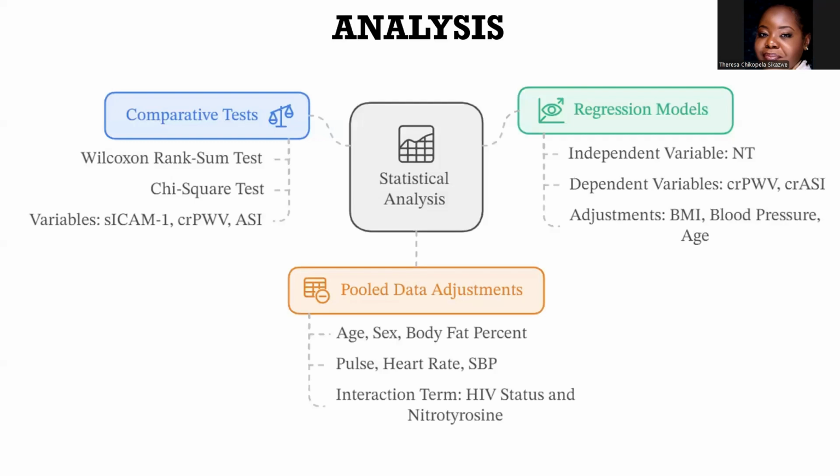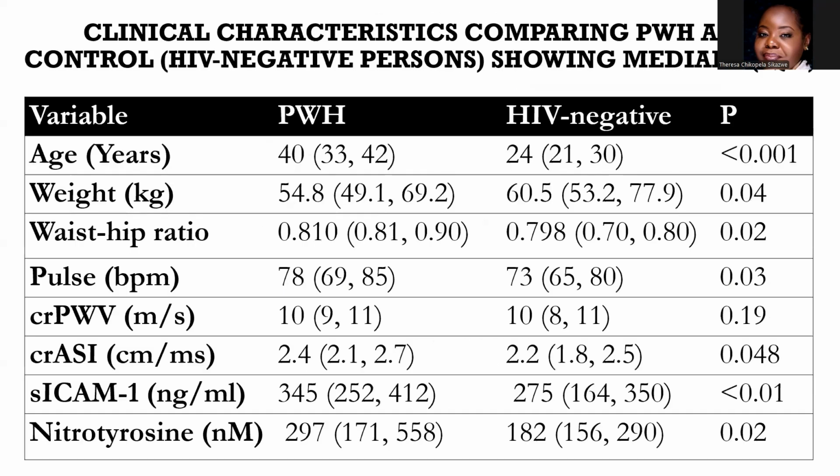We did analysis using comparative tests and regression models, where we were very much interested in the relationship between oxidative stress and endothelial function markers, such as carotid-radial pulse wave velocity and carotid-radial arterial stiffness index, whilst adjusting for other variables. We also pooled the data together to see holistically how the data related among those with HIV and how it differed from those without HIV.